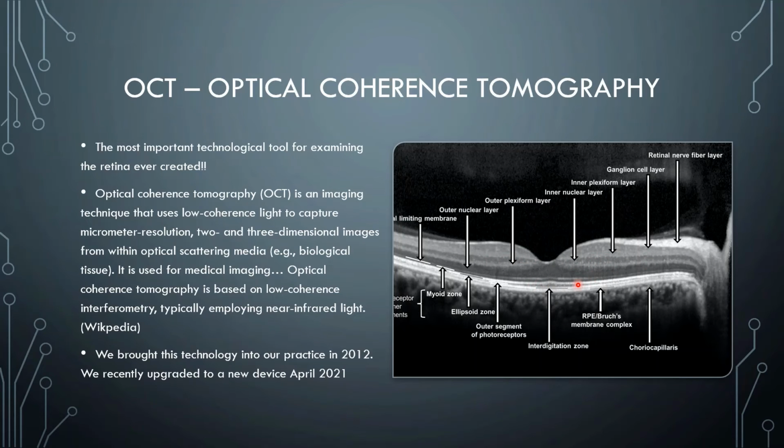So there's 12 layers to the retina, and you can pick all 12 out with this OCT scan. Now, totally amazing. This is the most important technological tool for examining the retina ever created. It has literally saved hundreds of thousands of people's vision, for sure, probably more.